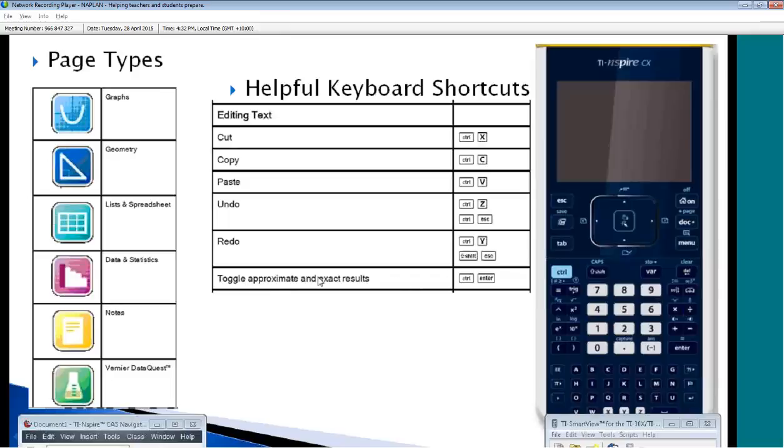And to toggle between your approximate and your exact results, like the toggle on the TI-30, you use Control and Enter. You'll notice just above the Enter key on the Nspire is the approximation equals sign there.